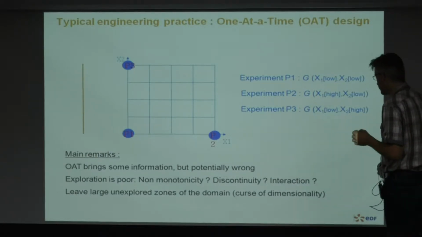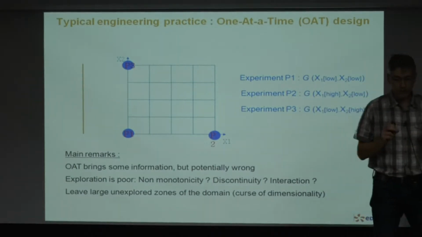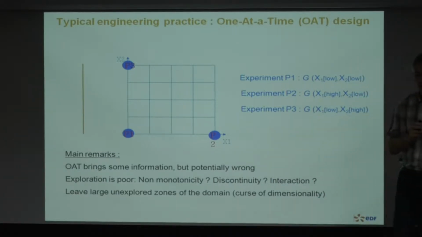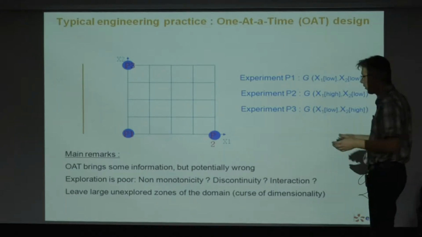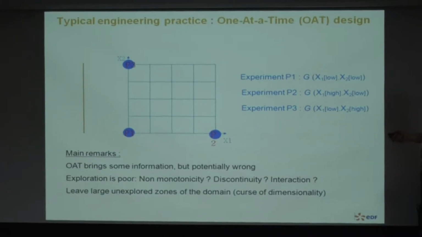It means that when you want to know the effect of one variable on a system, but you have many variables, you just fix all the variables, you take one variable, you move it between two values, and you look at the effects by making a kind of difference between the value that you obtain at this point and the value that you obtain at this point. And you make this for all the variables. This is what we call the one-at-a-time design. We move each variable one at a time.